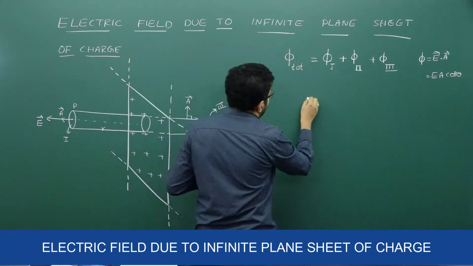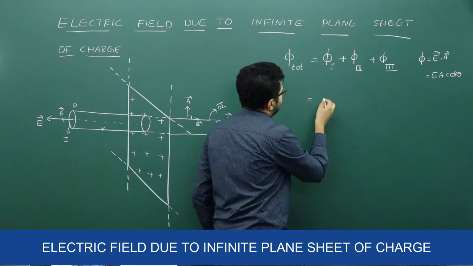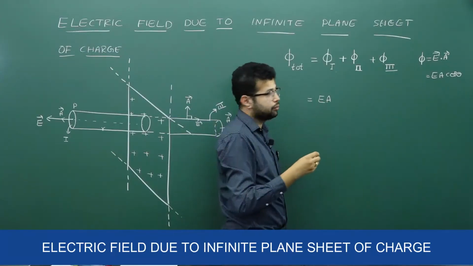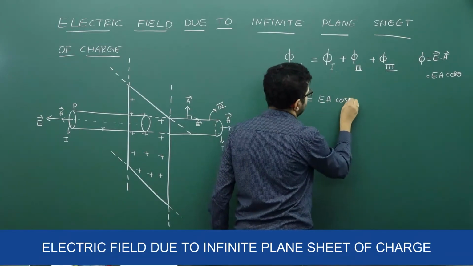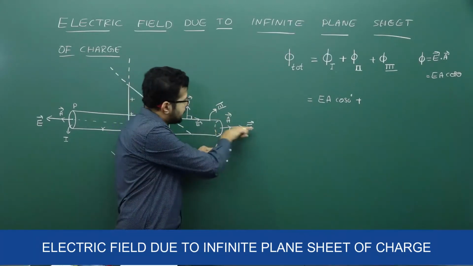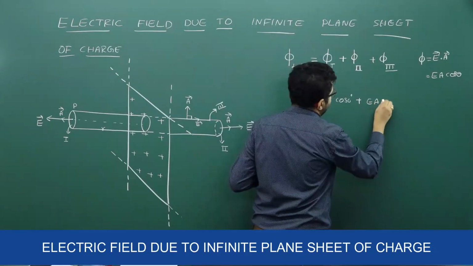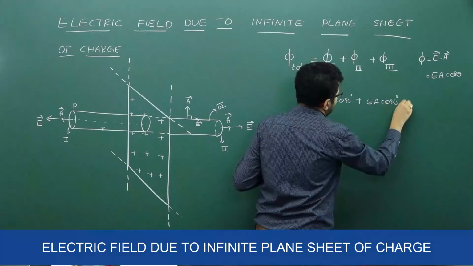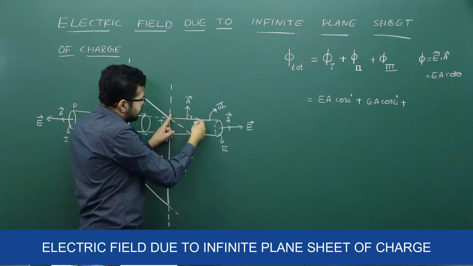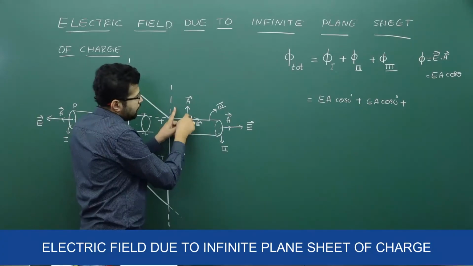So, flux through region 1 is E into A into cos 0, and cos 0 is 1, plus flux through region 2. Again, the angle between electric field and area vector is 0 degrees, so E into A into cos 0 degrees, plus flux through region 3, the curved surface, E into A into cos 90, and cos 90 is 0.